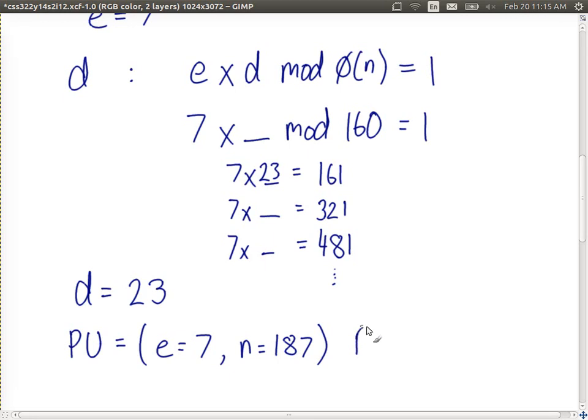And the private key, PR, we say is the value of D, 23. But for completeness, we actually include the value of N in the private key. So usually we say that the public key is the pair E and N, those numbers that we found, and the private key is D and N, those numbers that we found. The same N.